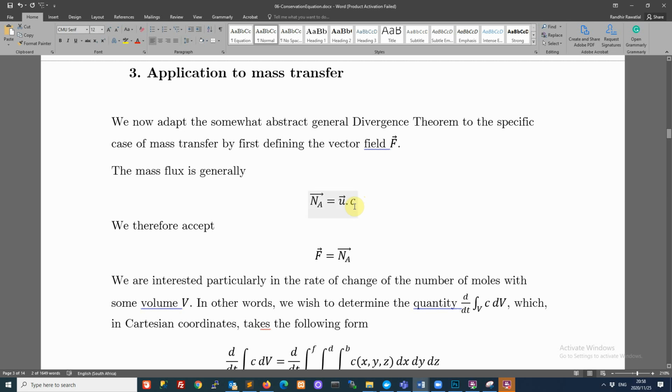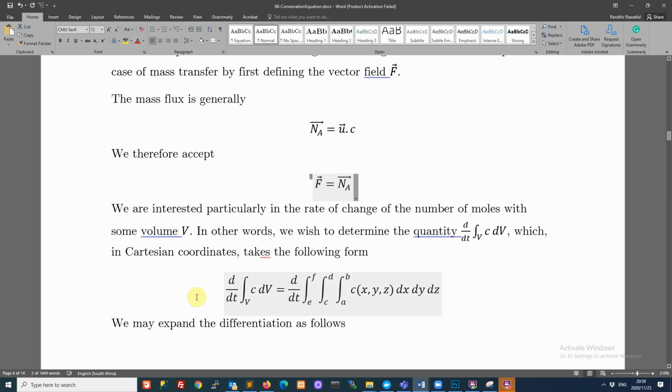So that's just a scalar value, and because the velocity is a vector, this product is a vector. So our flux is a vector, and we are basically replacing the f that we introduced earlier by this flux.